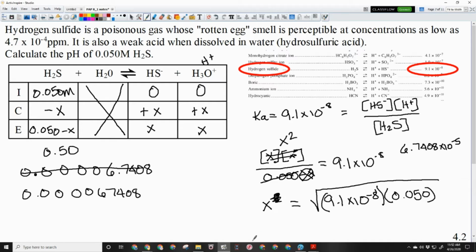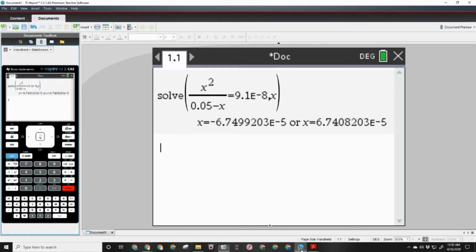I'm going back to my TI-Nspire, and I'm not going to use the solve function this time. I'm just going to evaluate that expression: the square root of 9.1 times 10 to the negative 8 times 0.050.